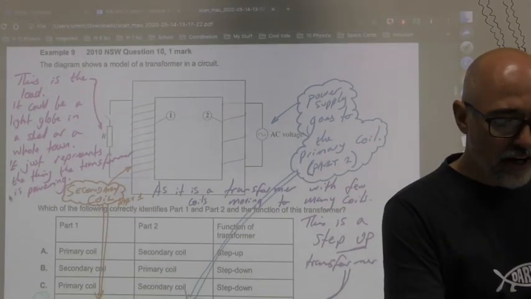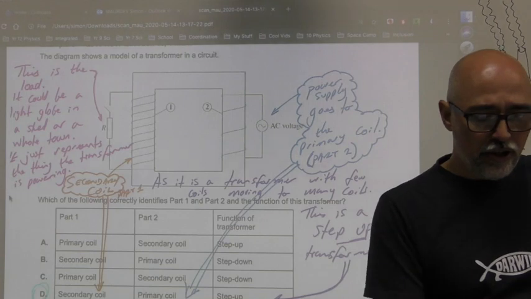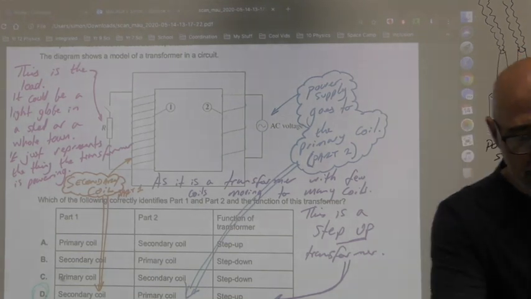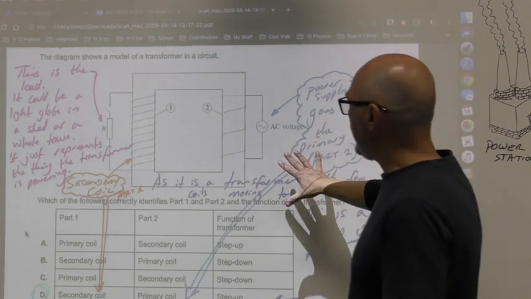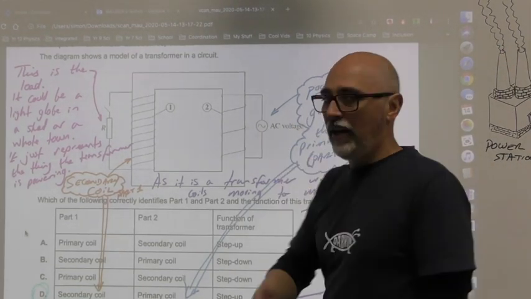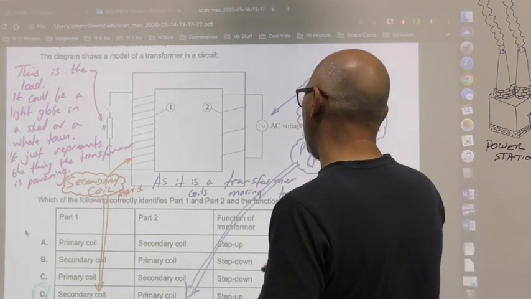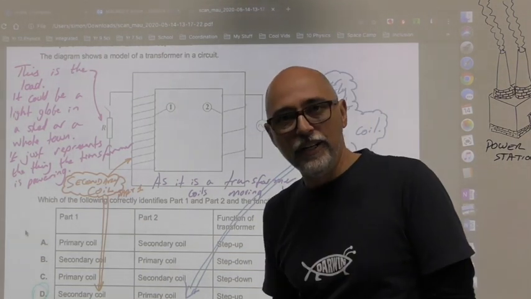This is example 9. The diagram shows a model of a transformer in a circuit. So again, interpret what you're looking at. AC power supply, good, transformer will work. This is a step-up transformer. How do I know that?